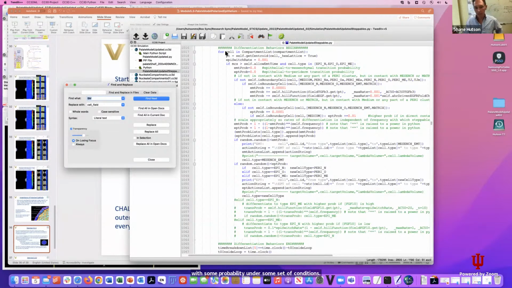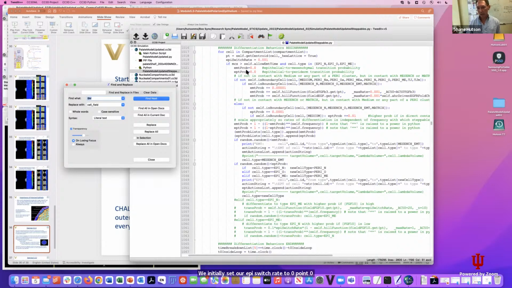So we start with a for cell in compartment list. This is a loop over all the clusters that exist, and we're going to look at each one of those. We get the centroid of the cell that we're looking at currently, and we assign it to this variable point. We initially set our epi switch rate to 0.001, 1 in 1,000.